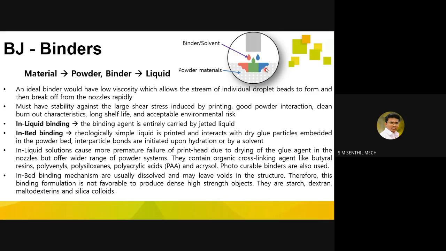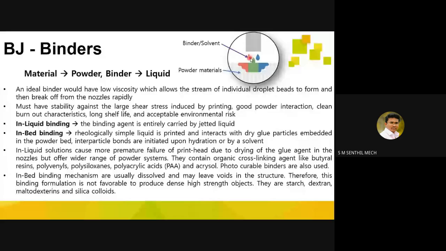These liquid particles will try to act as a solvent. Many of you have heard about the glue called Araldite. Araldite has two tubes. That is an industrial glue. If you use the two tubes separately, it won't bind.